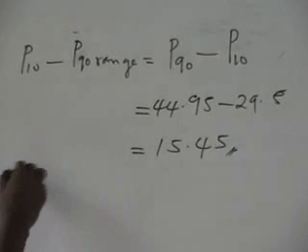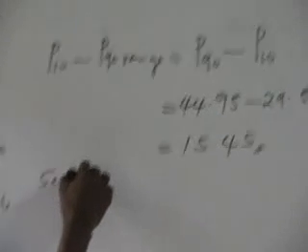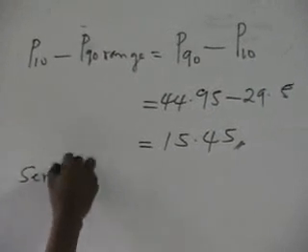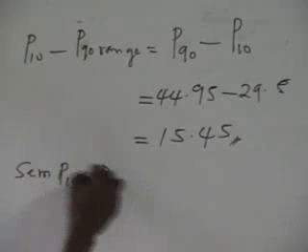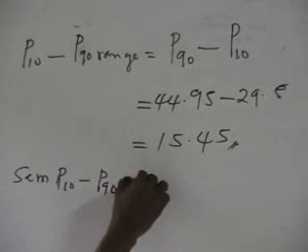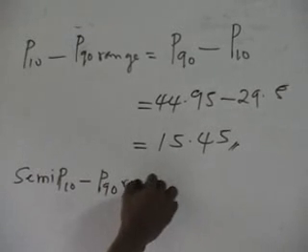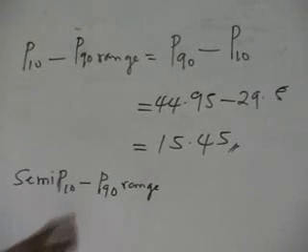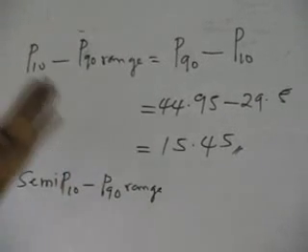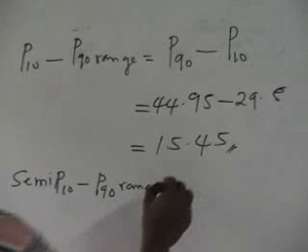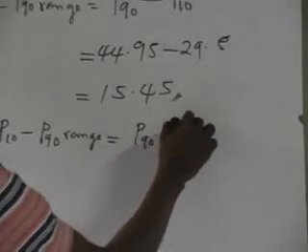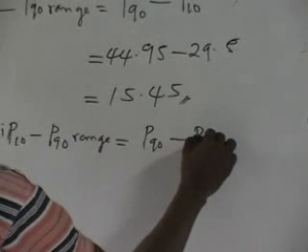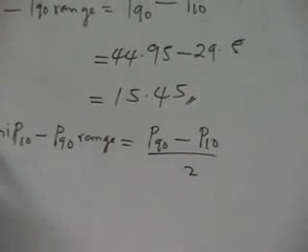They can also ask us to find the semi 10 to 90 percentile range. Anytime you are asked to find the semi of this range, it equals the 90th percentile minus the 10th percentile, divided by 2, because semi means half.